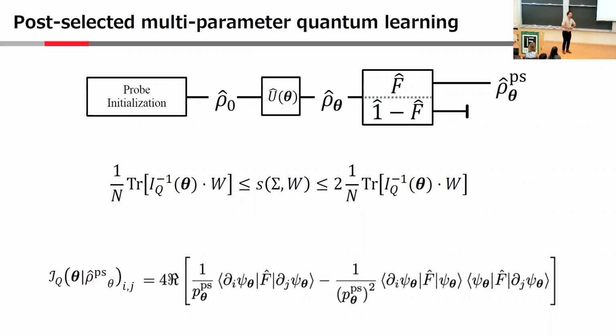I'm sweeping a lot of calculations under the rug, but we get a really clean expression coming out in the end. So here we get 4 times the real part of this thing, which is what we had before, but 2 differences. Now we get these factors of 1 over p, where p is the probability to pass the filter. And then between the inner products, we get f, which is the POVM element that corresponds to a state that you're going to keep.